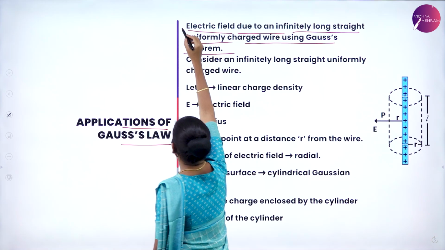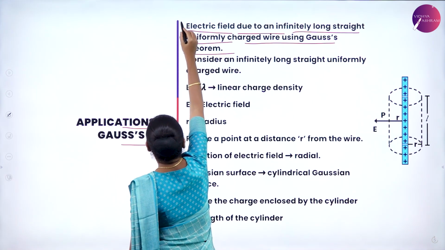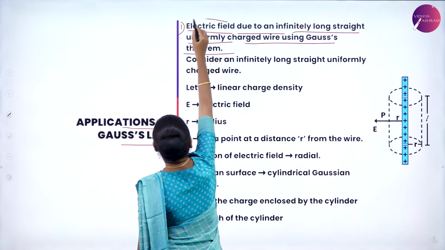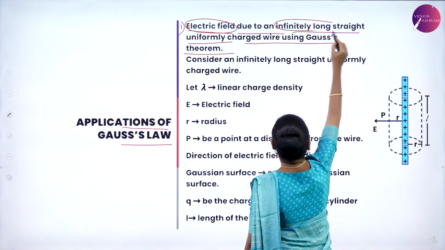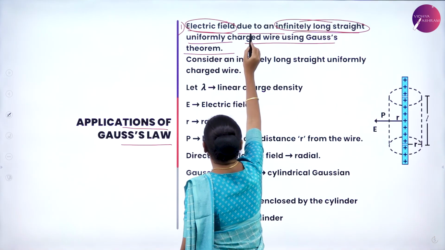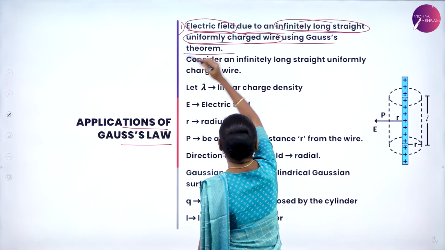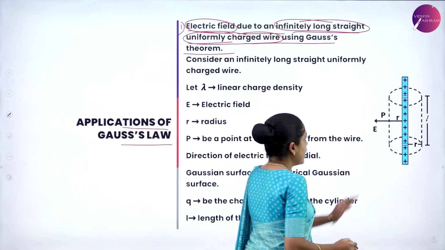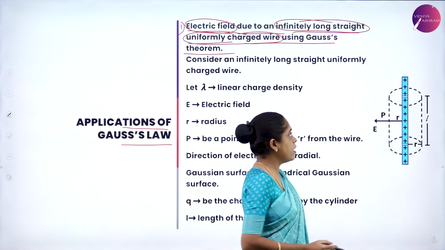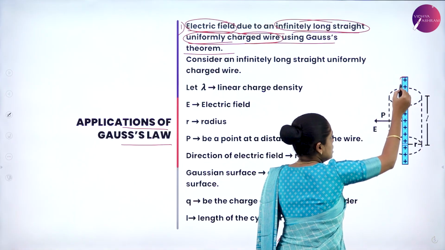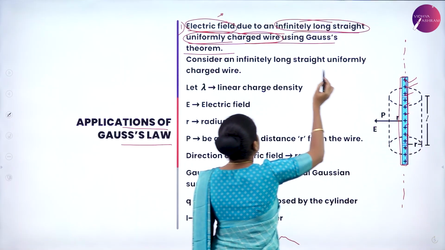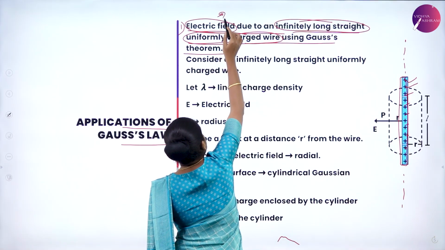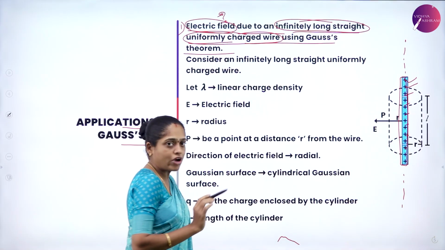This is the first application of Gauss law, where we need to find the electric field due to an infinitely long, straight, uniformly charged wire. So for that, consider here the diagram. This is the wire. Due to this wire, what is the expression for the electric field? We need to find it.